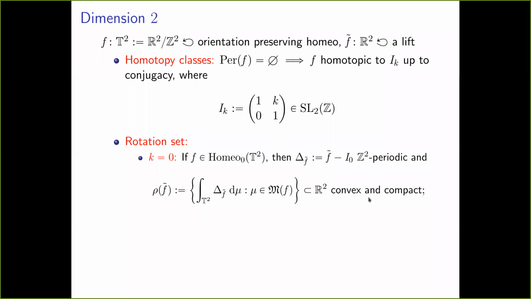Of course, it's non-empty, but in general it's not a singleton anymore. So you have to understand what happens with the rotation set. It's called the rotation set, and you have to learn to extract dynamical information from the rotation set, because it's not that obvious as in the one-dimensional case.